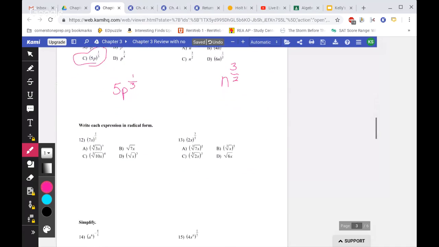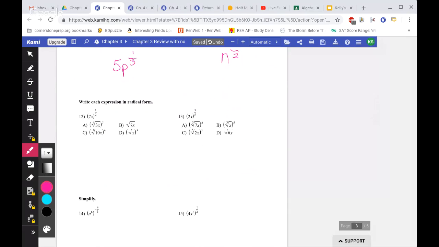Write each expression in radical form. So now, undoing that, we know we're going to be in a radical, and we're going to put whatever's inside the parentheses inside the radical. Whatever the denominator is the power, and this happens to be a 2, so that's the square root, so we don't have to write anything there.